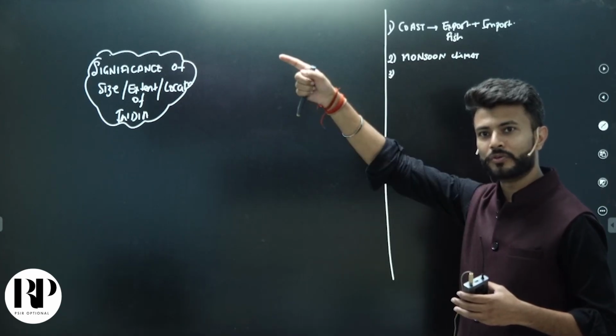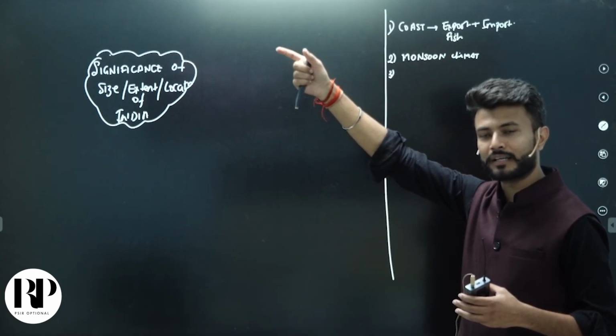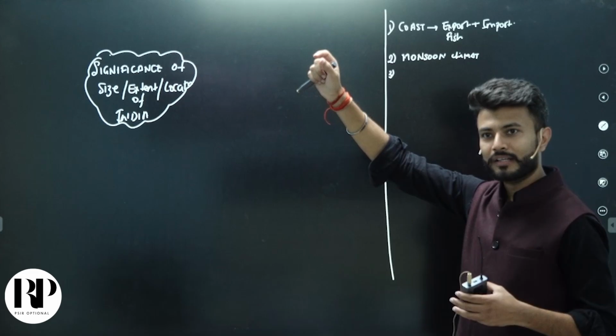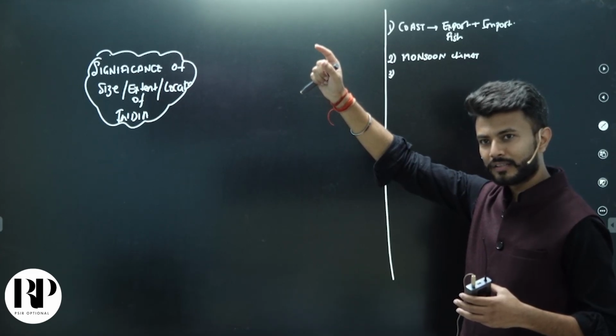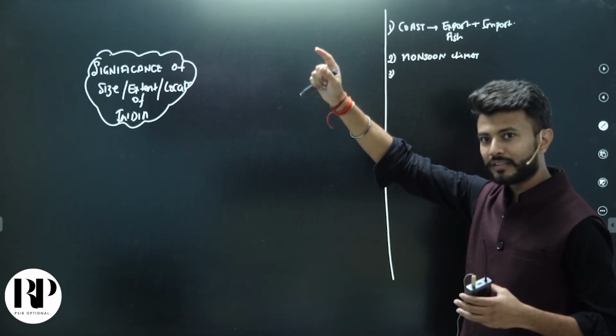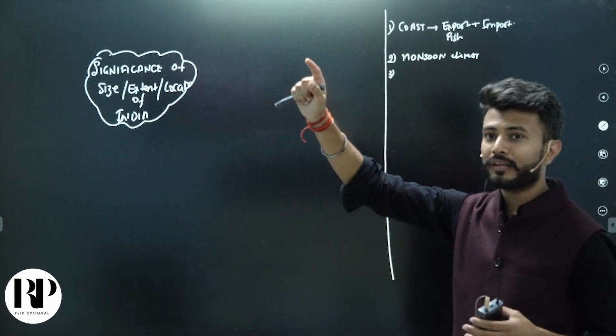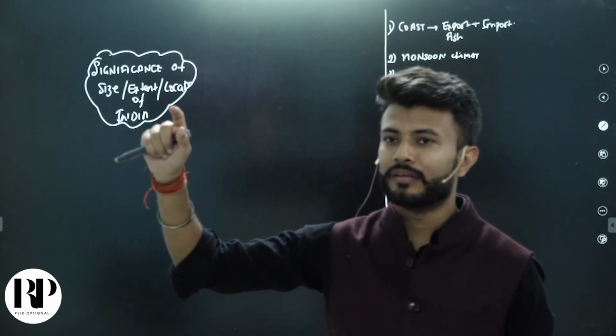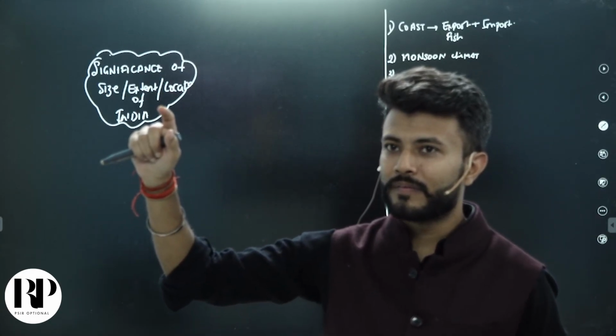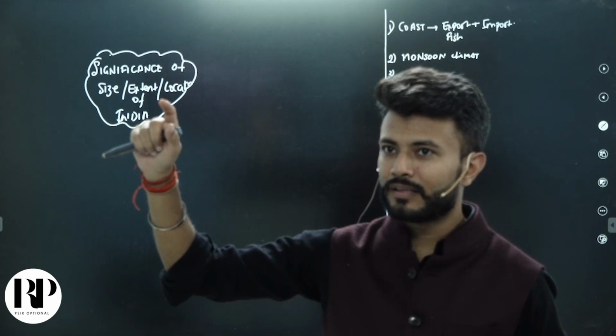Why go to Siberia and the Arctic region? Sir, because economically the route connects very few countries, while the other route connects us to a much larger number of countries. So the import and export would be more.